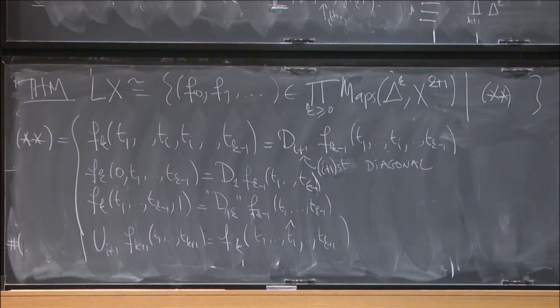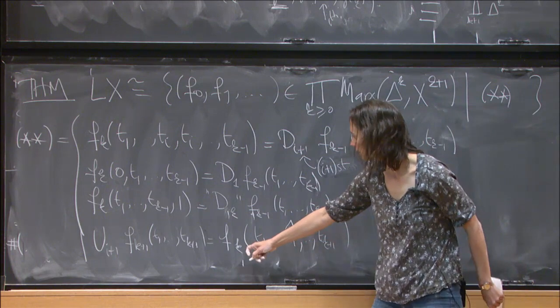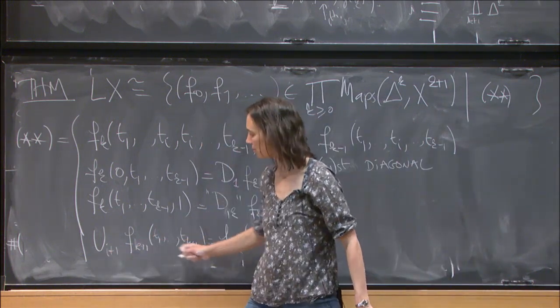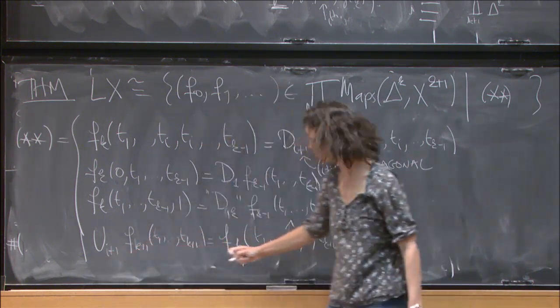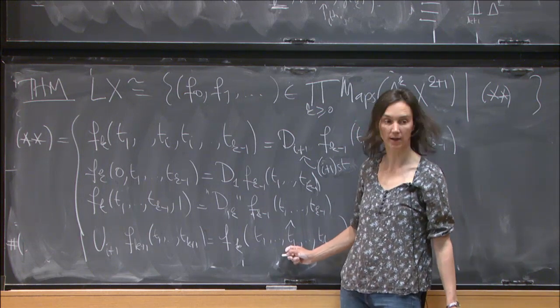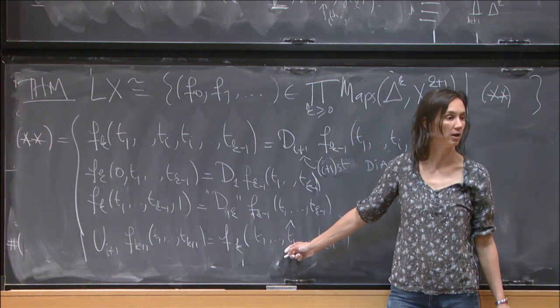Then am I missing one? Anyway, if I do fk plus 1 and I forget a coordinate, then that will correspond to not having taken the ti. Okay?